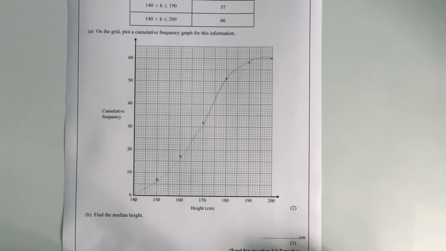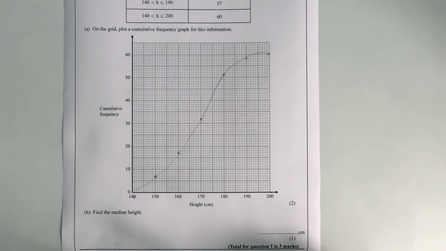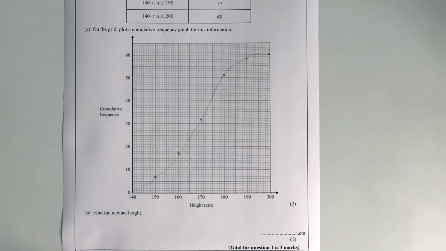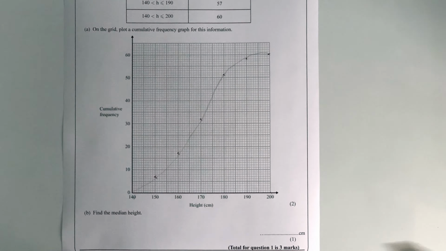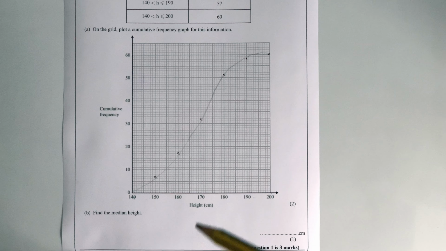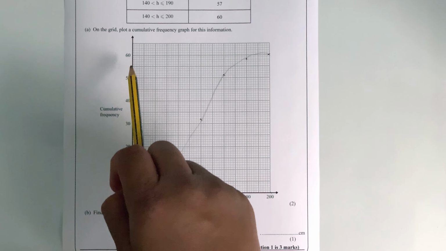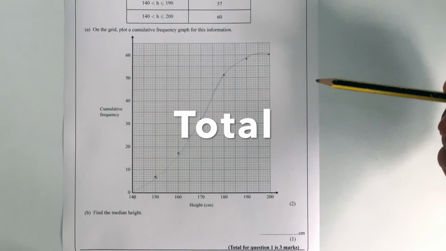And then the next part is find the median height. In the previous video for quartiles, we did n plus 1 divided by 2. However, that was for a series of numbers. This is on a graph now, so we can just divide exactly where it ends off. And when we find the median, the interquartile, or any quartile, you want to make sure that you use the number which stops at the point.